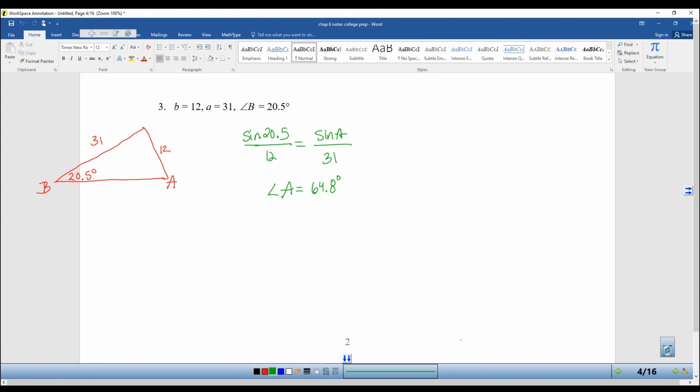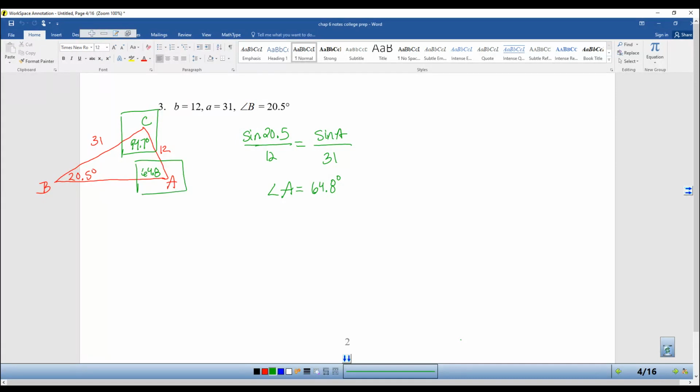I won't go through that process again. Then, now that we have angle A is 64.8 degrees, I can go ahead and subtract from 180. 180 minus 64.8 minus 20.5, and I get 94.7 degrees for angle C.